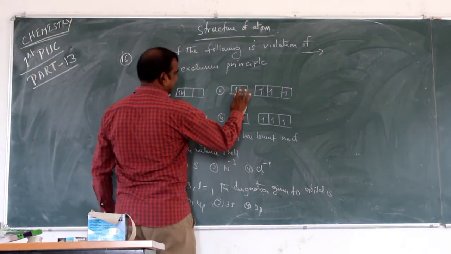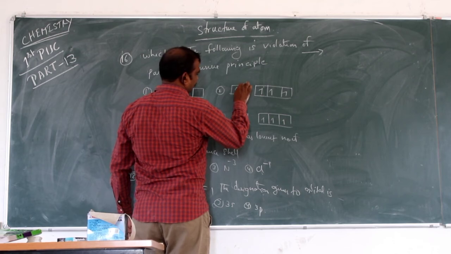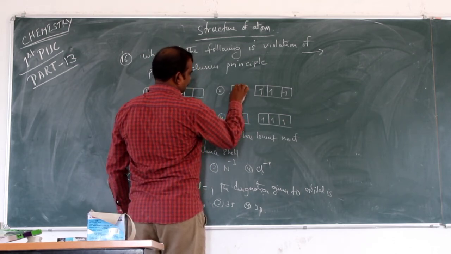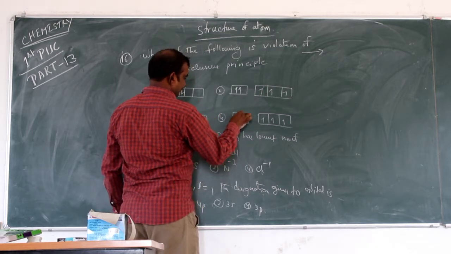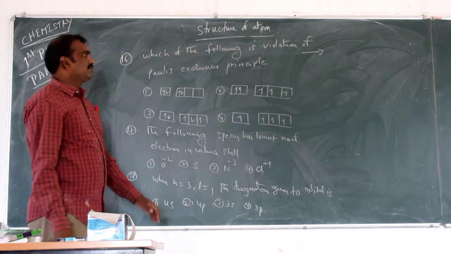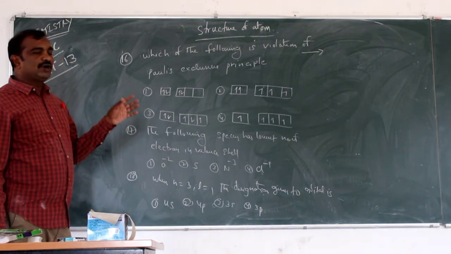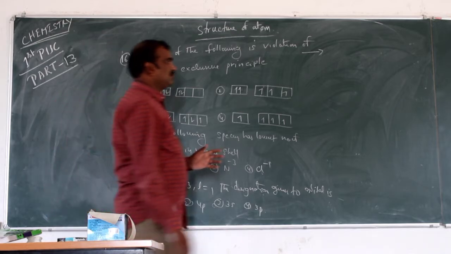Same spin, and here same. Which of the following is a violation of Pauli's exclusion principle?